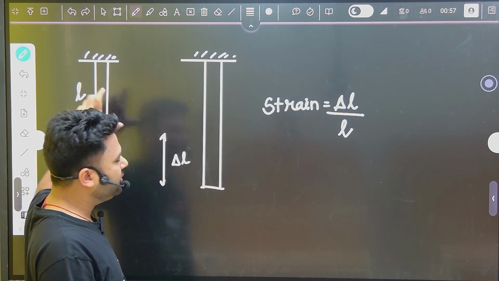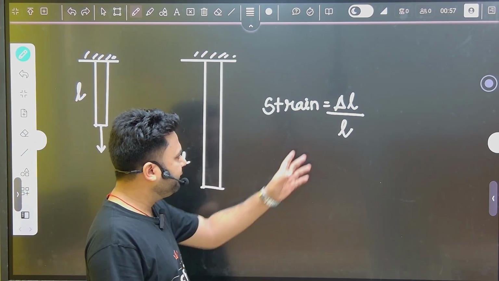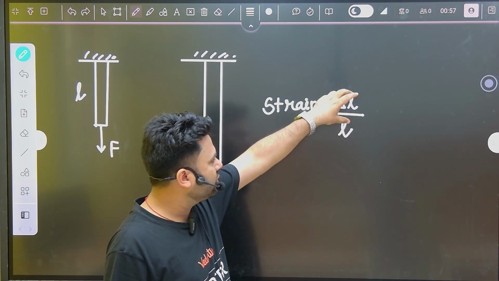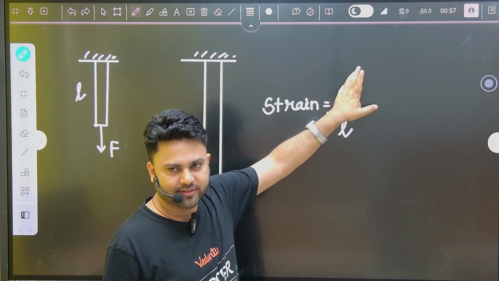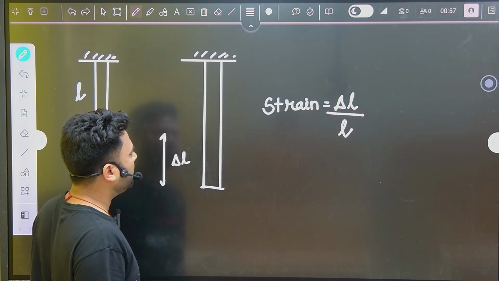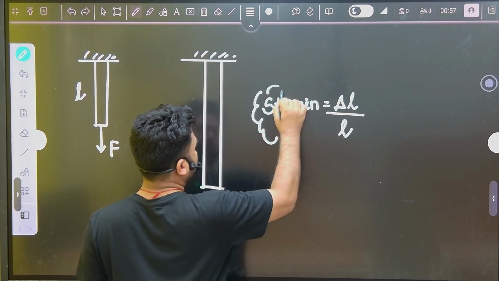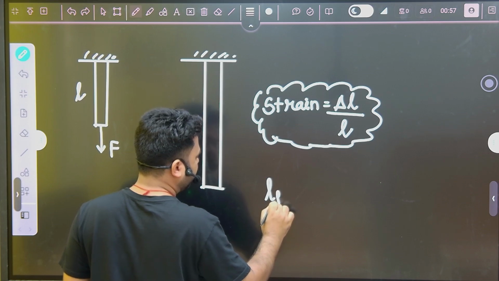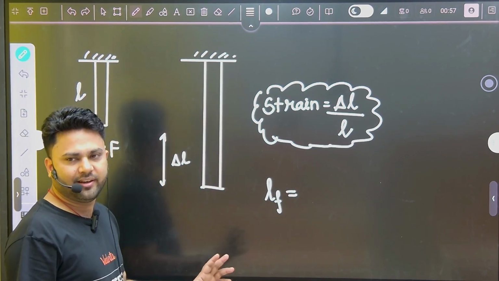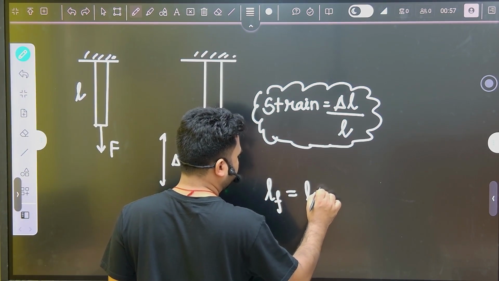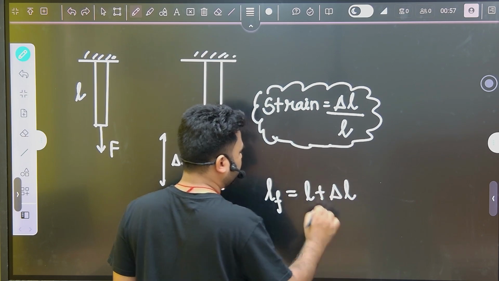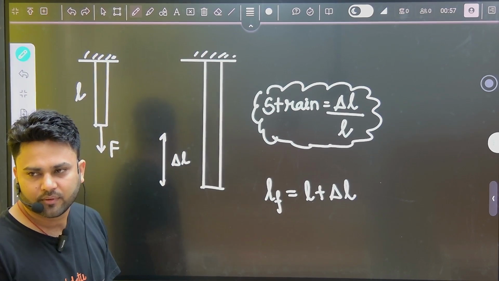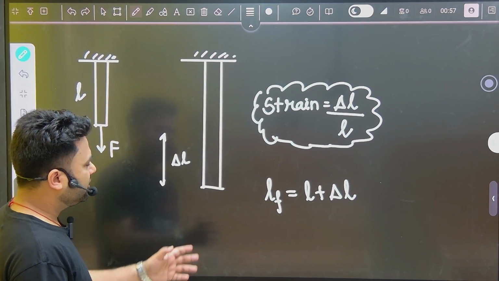It is a dimensionless quantity, because this is also length, this is also length, cancelled, dimensionless. So this is the formula for strain. If you ask what is the final length of this rod, it is the original length plus the change in length, L plus delta L.